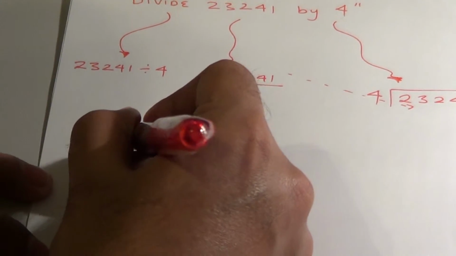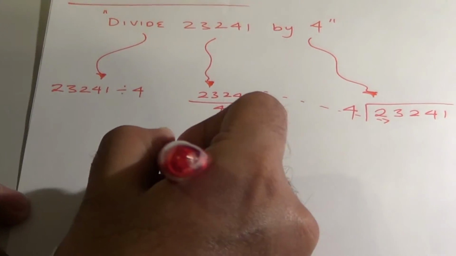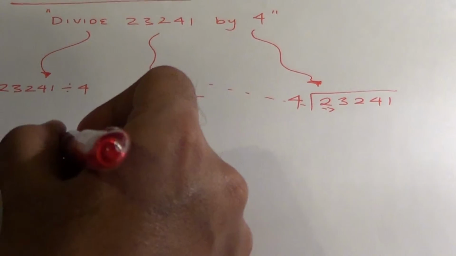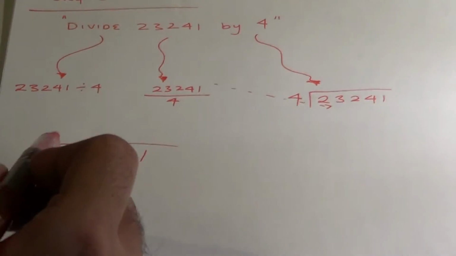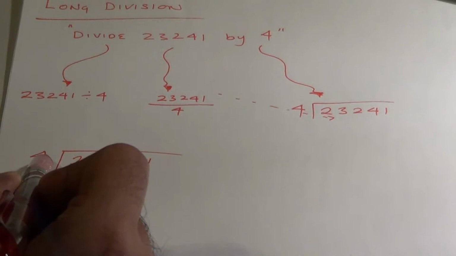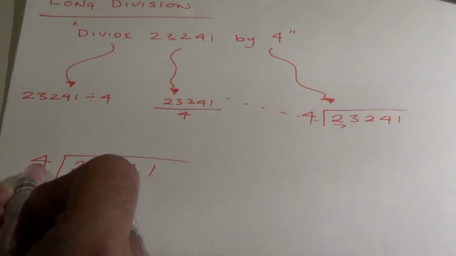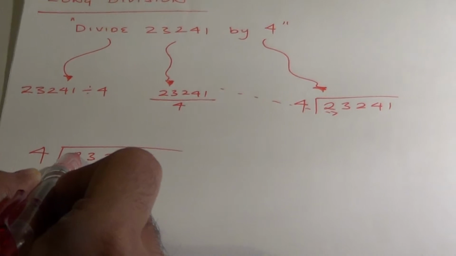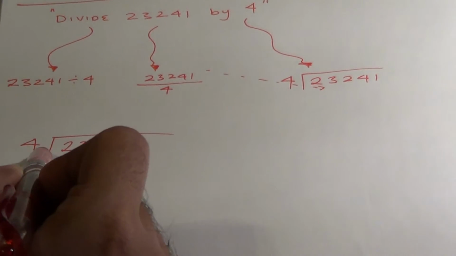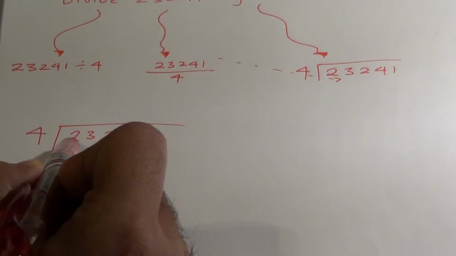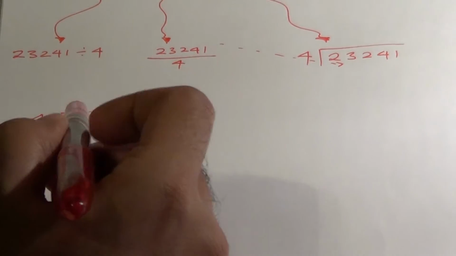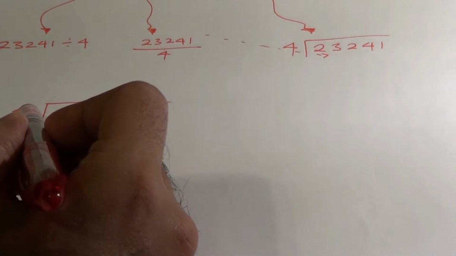Okay, so we'll write it down again. So 2, 3, 2, 4, 1 divided by 4. So the first thing that you have to do is see how many times does 4 go into 2 only. Now, people often make the mistake by saying, oh, 4 goes into 2 times, but you're saying it the other way around. You're saying, oh, 2 goes into 4 2 times.